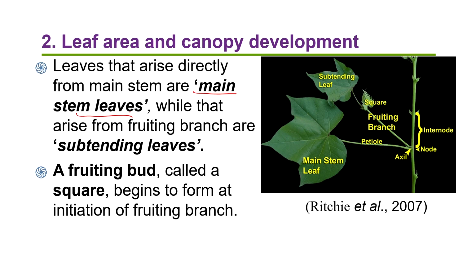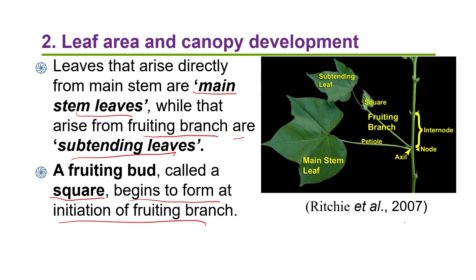While those that arise from fruiting branches are subtending leaves. So they are called subtending leaves on the fruiting branches. A fruiting bud called a square begins to form at initiation of a fruiting branch. So naturally these squares will be formed on the fruiting branches, which are called sympodial.